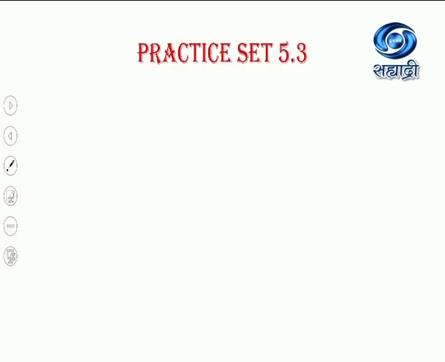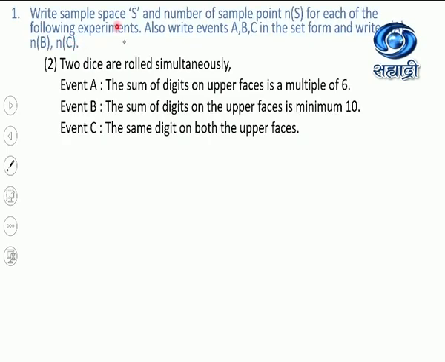Now let us solve practice set 5.3. First one: write sample space S and the number of sample points, that is n(S), for each of the following experiments. Also, write events A, B, C in set form and write n(A), n(B) and n(C).